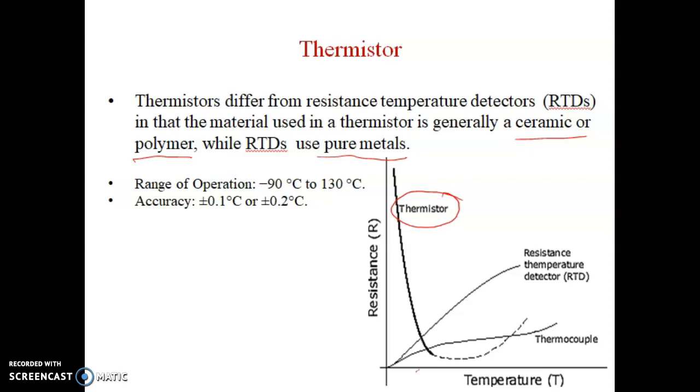With the increase in temperature, the resistance of the thermistor element decreases drastically, but the range is limited. That is the main disadvantage of thermistors. But in RTDs, the variation is not that drastic, it is linear over a larger range, and it has positive characteristics.